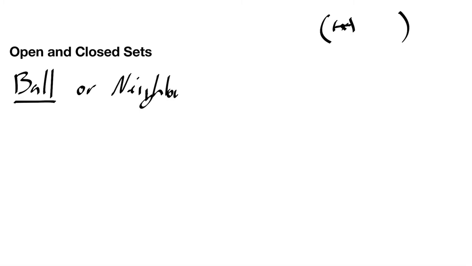Because of this, we need an equivalent language, and I introduced this last time: one thing is called a ball. A ball is this idea right here. Some people call them neighborhoods. Sometimes you call it a neighborhood, this little part right around x. You'll say there exists a neighborhood or there exists a ball. So what is an open ball?